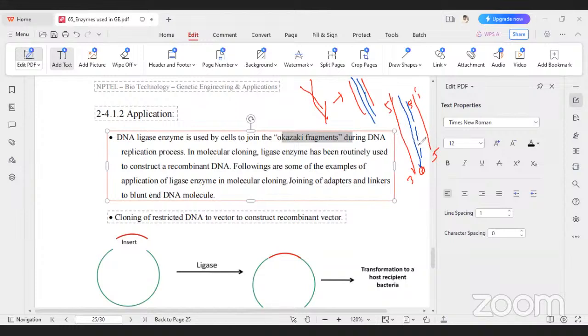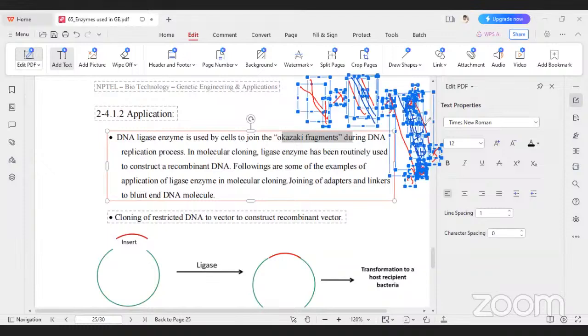So these fragments are called Okazaki fragments. For example, this 5' end opposite is a 3' end, again 5' and 3' end. Now this gap, the 3' end and 5' end gap, is filled by the ligase enzyme. Here also filled by ligase enzyme. Now these are joined covalently. So that is the best application.